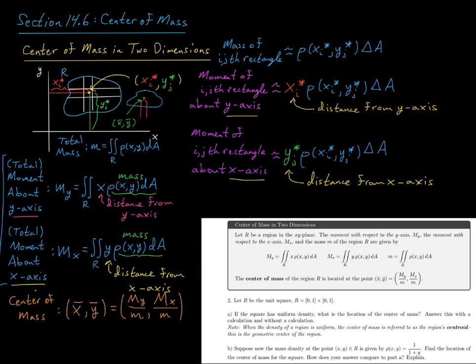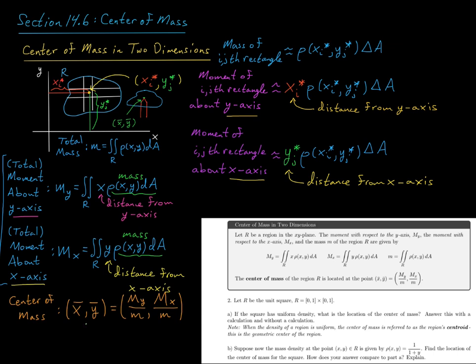Now to measure the center of mass, just as we did in the one-dimensional case, for the x-coordinate of the center of mass, we're going to take the total moment about the y-axis and then divide that by the total mass of the plate. And then to find the y-coordinate of the center of mass, we'll take the moment about the x-axis and divide it by the total mass.